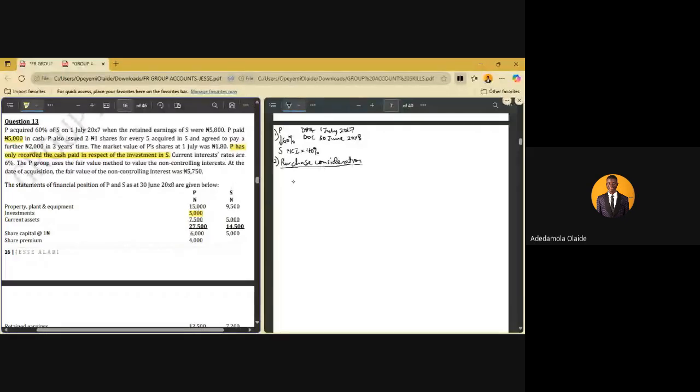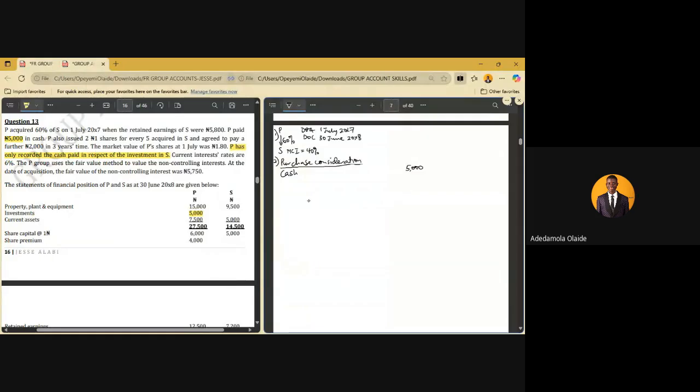But that doesn't mean we will not include it in calculating the purchase consideration. It is still part of our purchase consideration, 5,000. What that is telling us is that we don't need to make an adjustment for it when we are consolidating. They've already posted it.